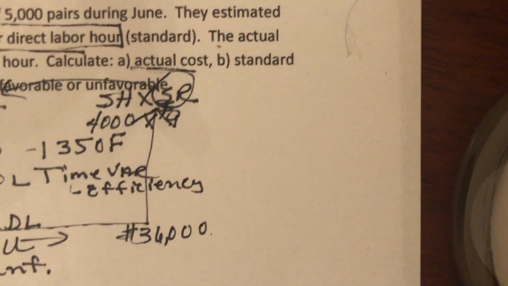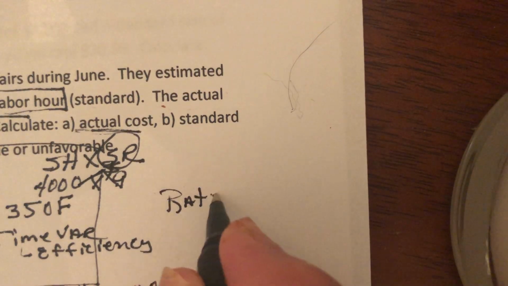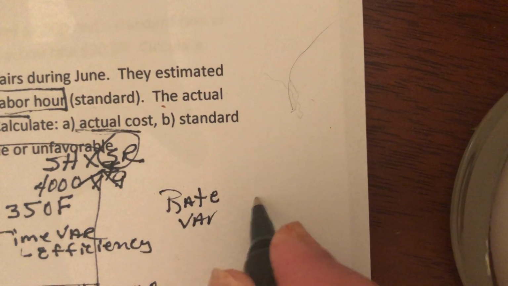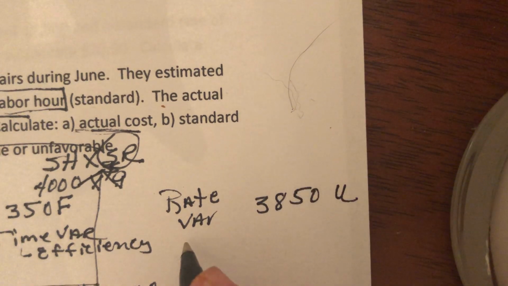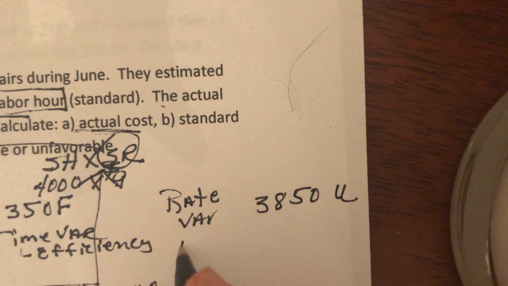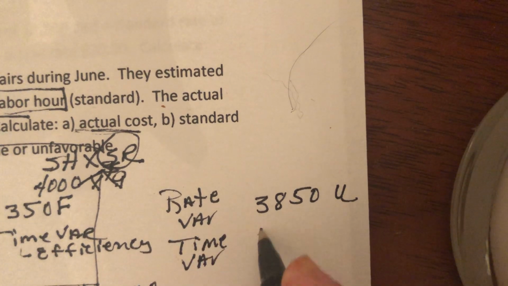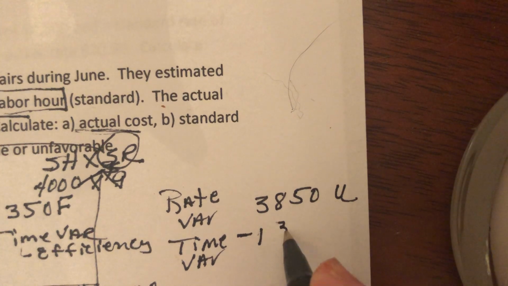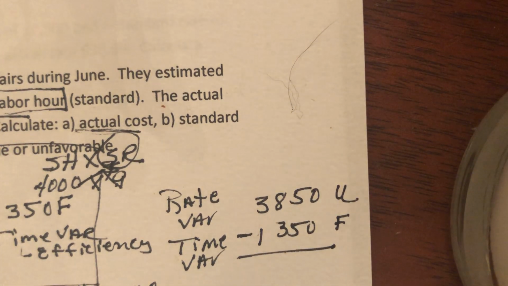So if we take our rate variance, which is 3,850 unfavorable, and we take our time variance, which is a negative 1,350, don't subtract, just add like that.